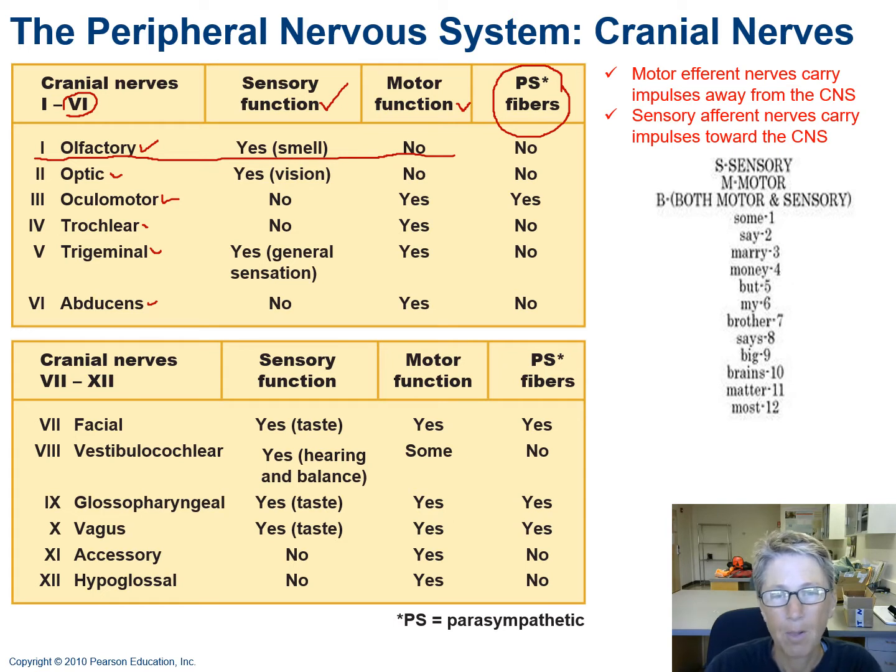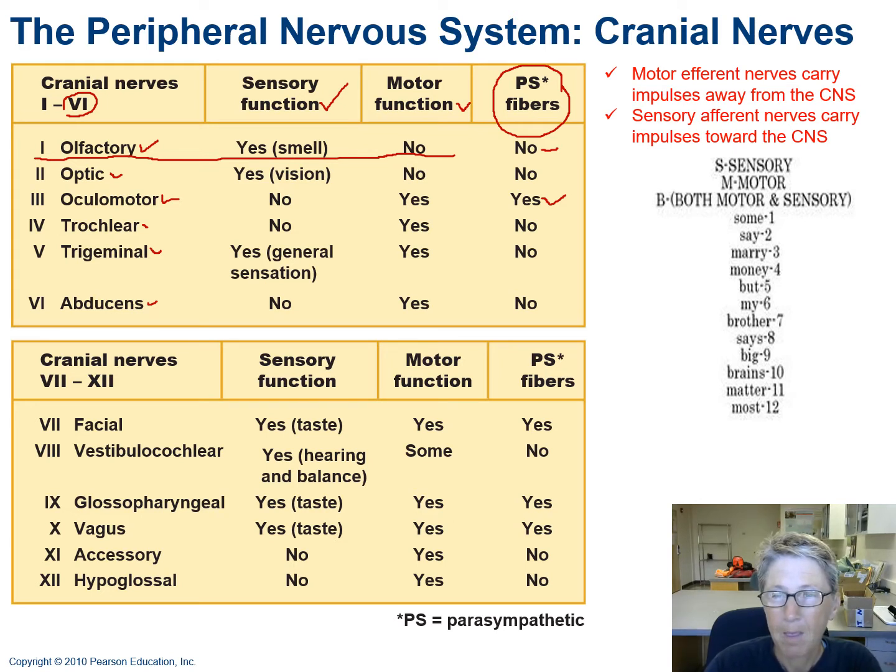But for example, there are no parasympathetic fibers or axons associated with the olfactory nerve, but there are some parasympathetic fibers associated with your oculomotor nerve, cranial nerve number 3, and those parasympathetic nerve fibers actually can change the diameter of your pupil.